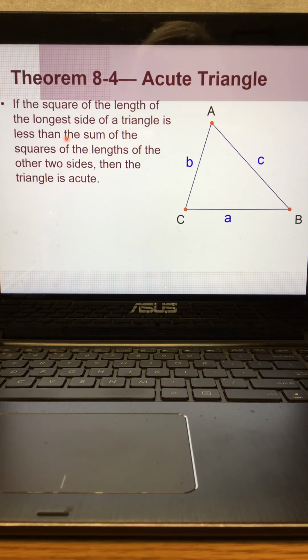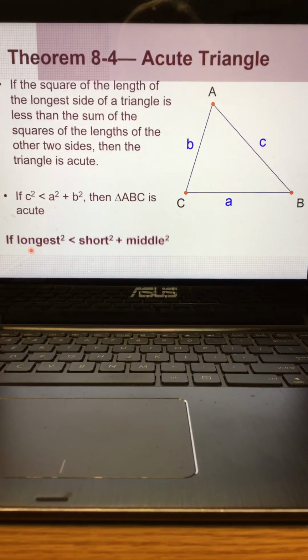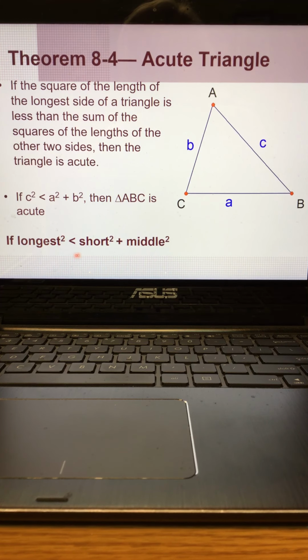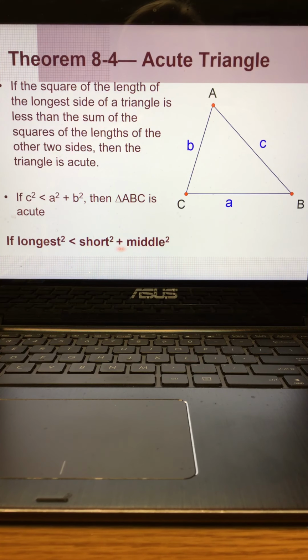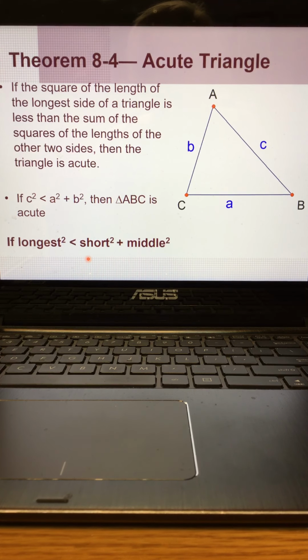That's the only difference in this theorem and the previous one. So here, if I get a less than sign, I'm going to classify this triangle as acute. Or in words, very same thing we've been doing. If the longest side squared is less than the sum of these other 2 sides squared, then I'm going to call that an acute triangle.